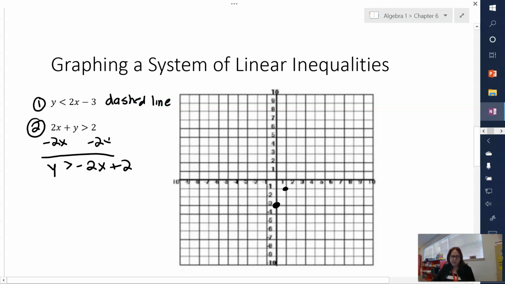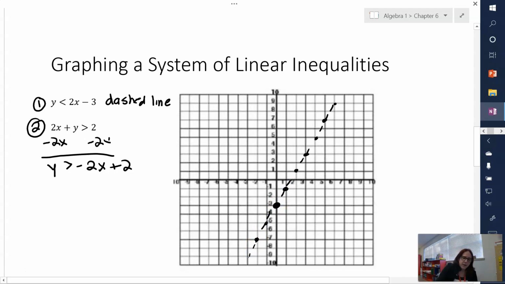To make it easier for myself, I'm going to plot some more points. So up 2, over 1. So here comes my dashed line.